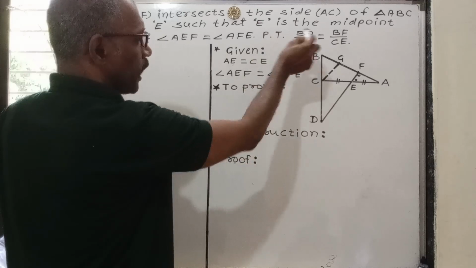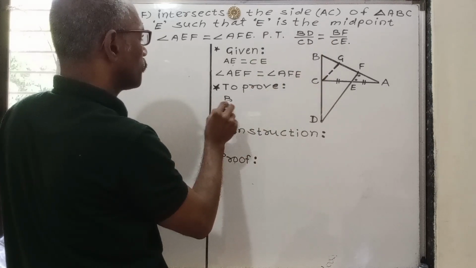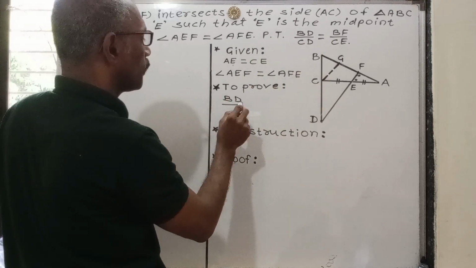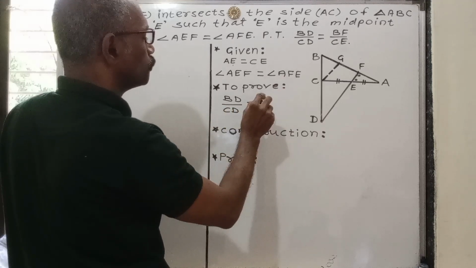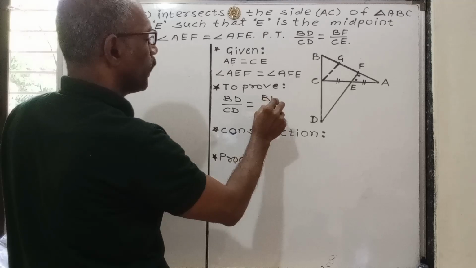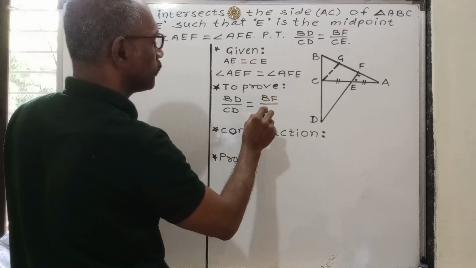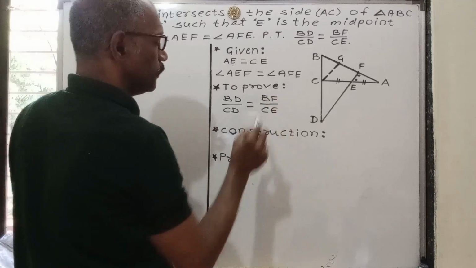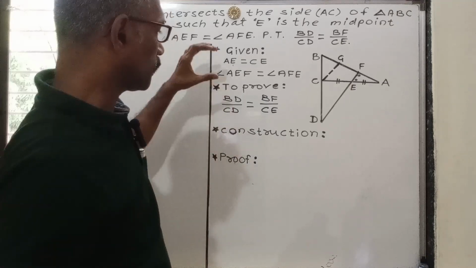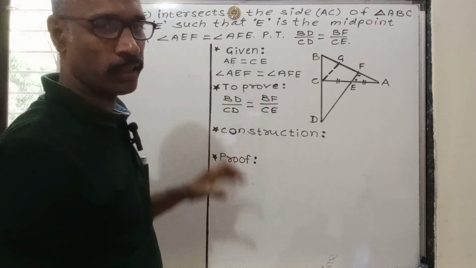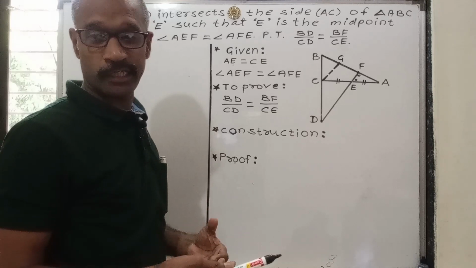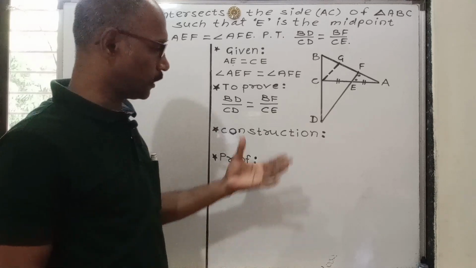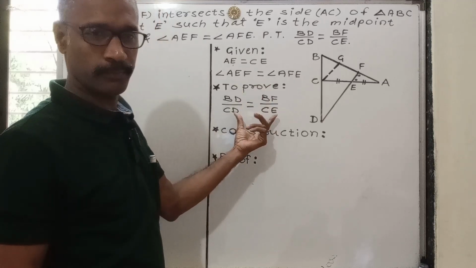Prove that BD upon CD is equal to BF upon CE. Okay. Now we use this given like bridge, ladder, lift, staircase for our convenience to prove this.